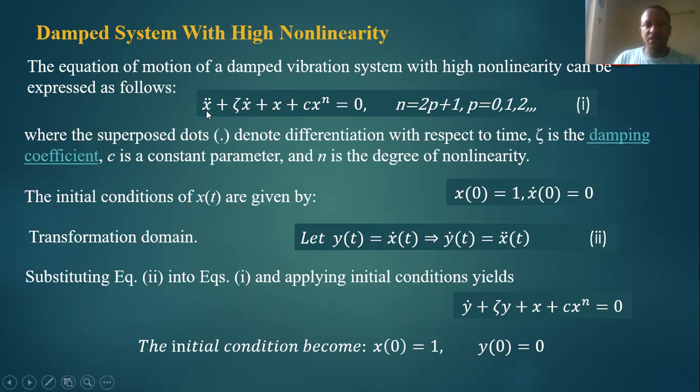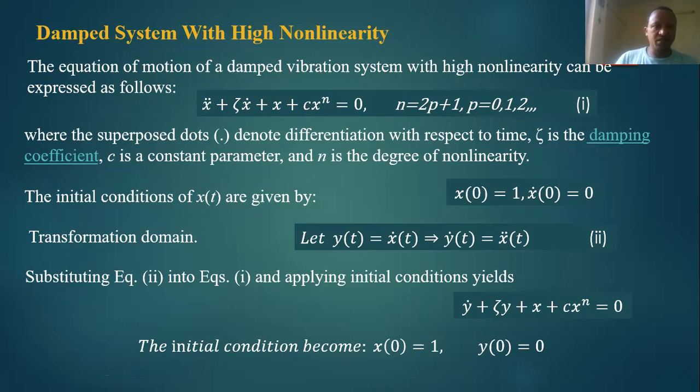In the actual linear case, x double dot plus x dot plus x is equal to 0. The nonlinear part has n equal to 2p plus 1, for which p is equal to 0, 1, 2, 3. If p is 0, we get a constant, which is also still nonlinear.